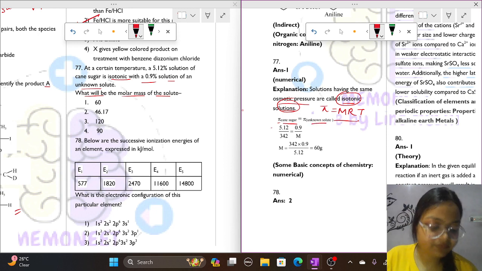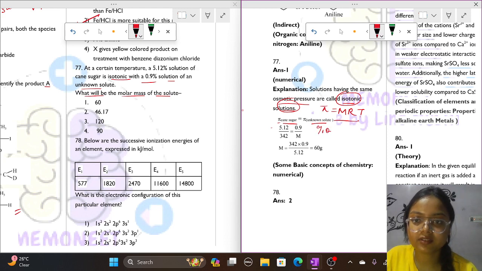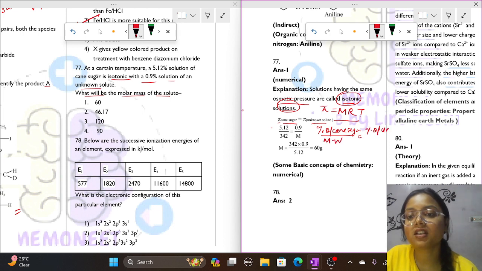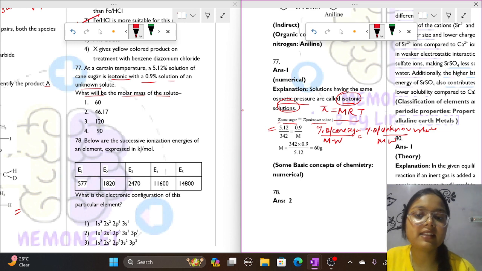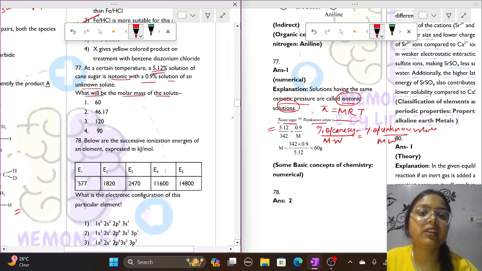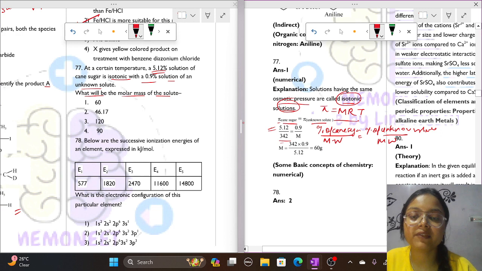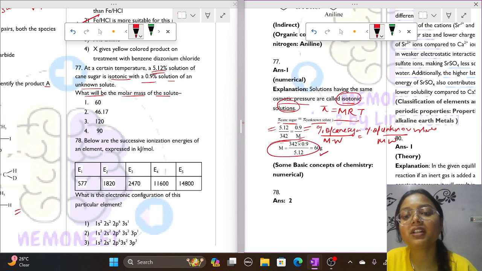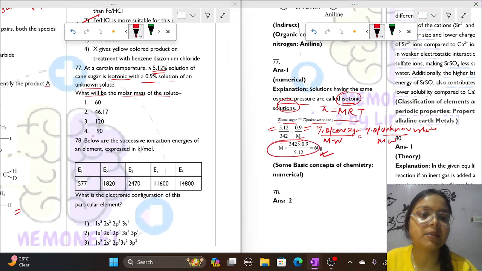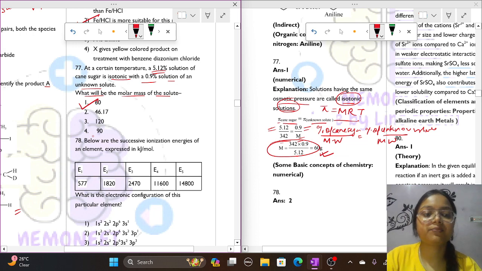So here, percentage of cane sugar by its molecular weight equals percentage of unknown solute by its molecular weight. So percentage of cane sugar is given as 5.12, and its molecular weight is 342, and the percentage of unknown solute is given as 0.9, and we have to find its molecular weight. So by this formula, its molecular weight comes out to be 60 gram. So option 1 is the correct option.